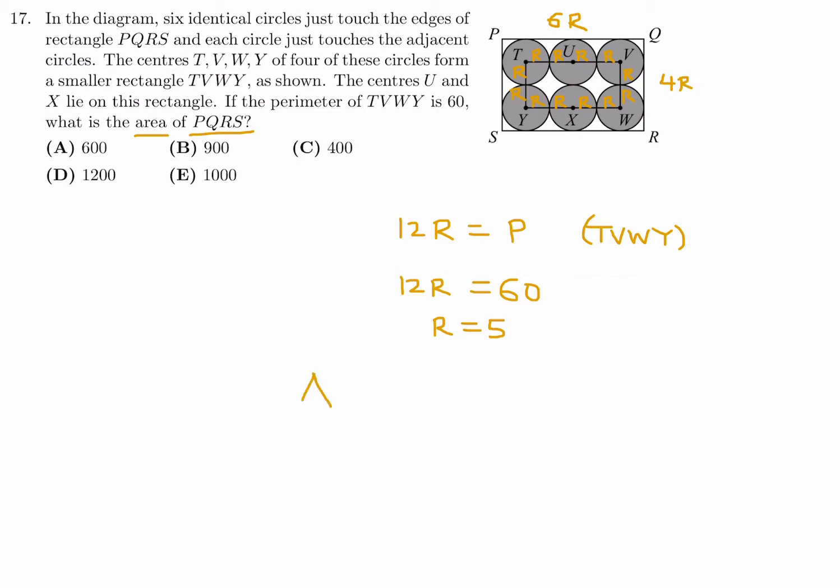So the area of PQRS will be 6R times 4R. That's 24R squared. R is 5, so 24 times 5 squared, 24 times 25, and that is 600. So number 17, the answer is A.